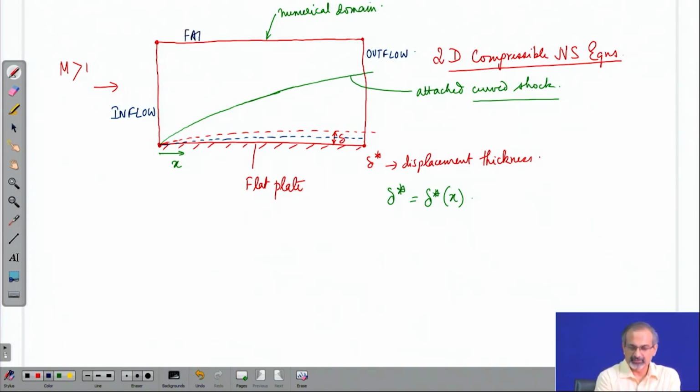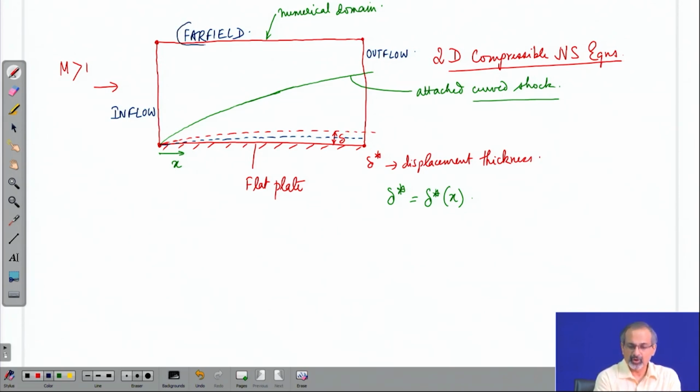This we will call as far field, as long as we keep it quite some distance away from the plate in terms of the boundary layer thickness. So, the diagram shows that it is about 8 to 10 times larger a distance than the boundary layer thickness, maximum value of boundary layer thickness, which is towards the outflow plane of the problem.